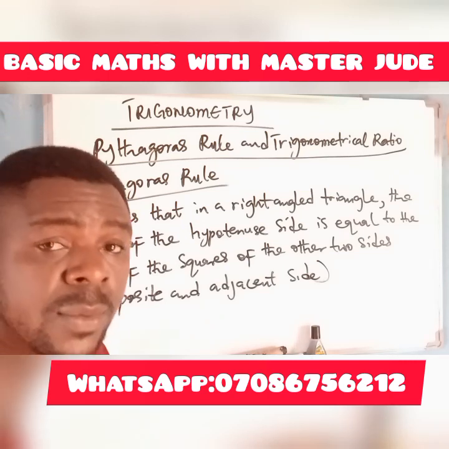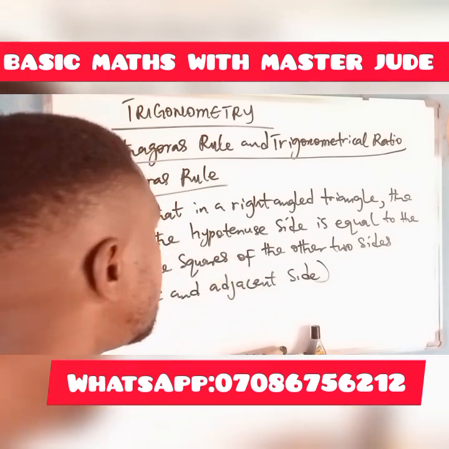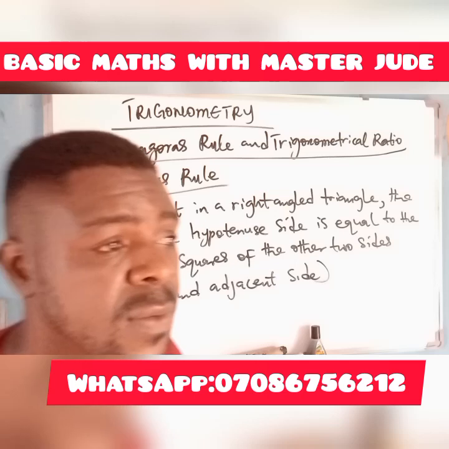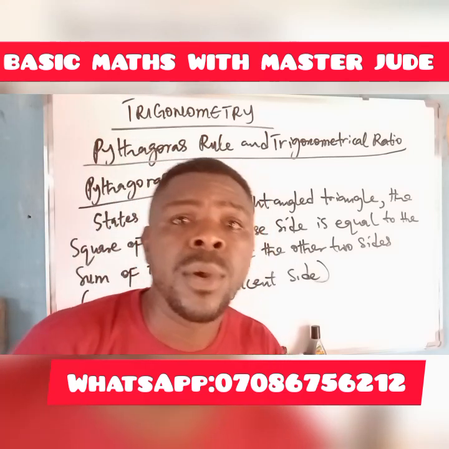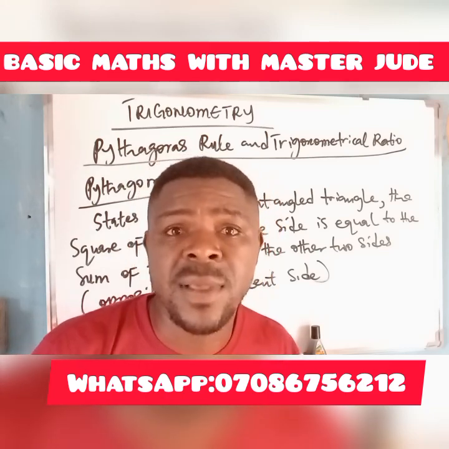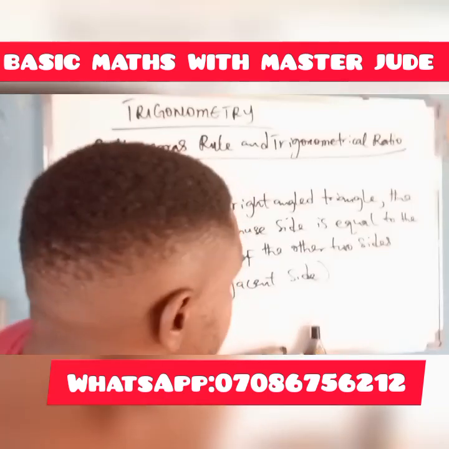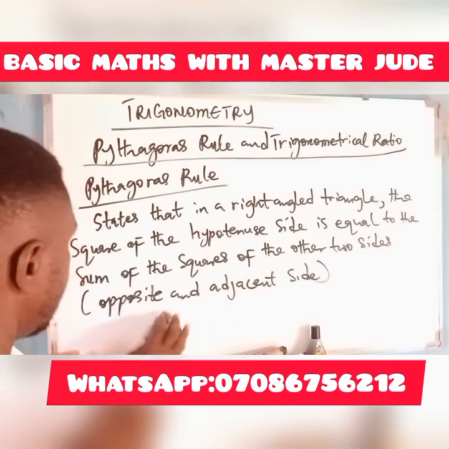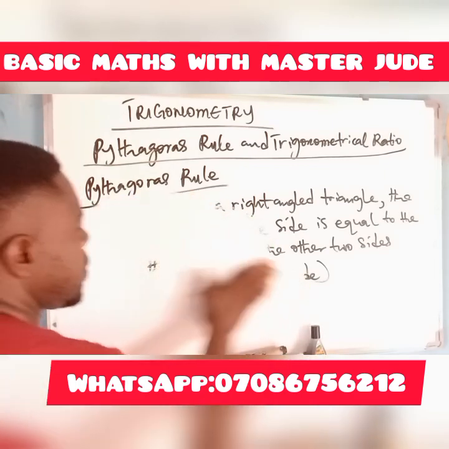That is, in a right angle triangle, the square of the hypotenuse side is equal to the sum of the squares of the other two sides, which are opposite and adjacent side. Now let's explain this statement.